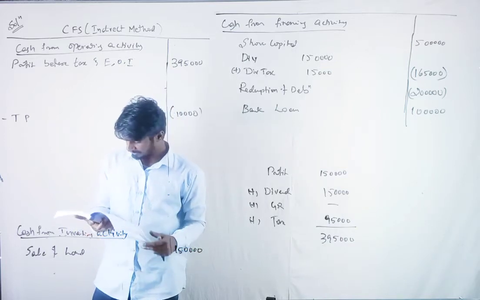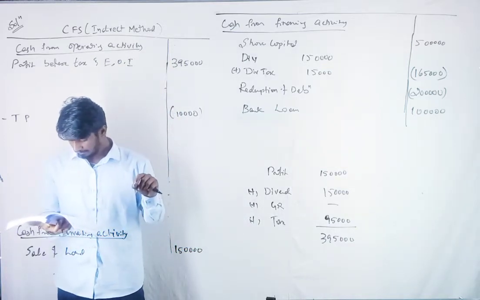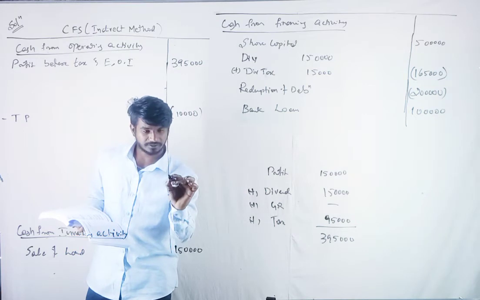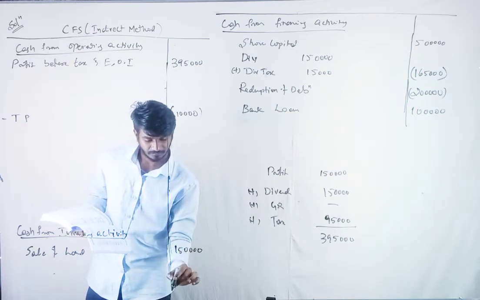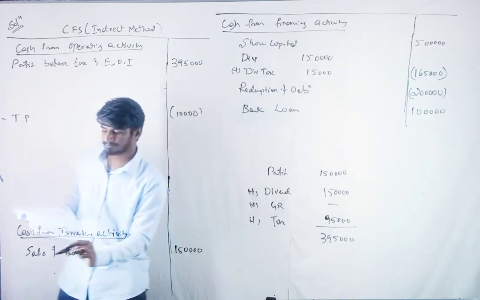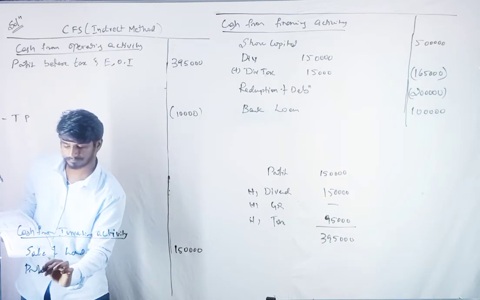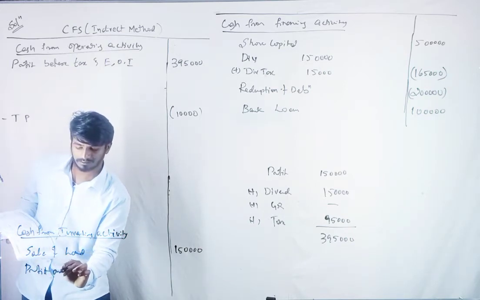And at a profit of 10%, it is 15,000 profit on sale.